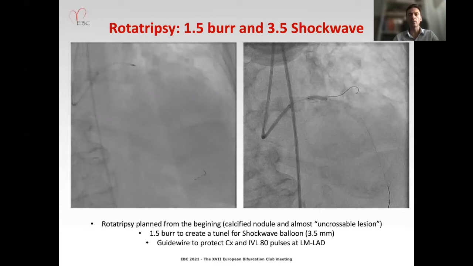So after rotational atherectomy, we used a 3.5 shockwave balloon, and we applied 80 pulses at distal left main and proximal LAD. Before lithotripsy, we protected the side branch, the circumflex, with another wire. That, as you know, is one of the advantages of lithotripsy against rotational or orbital atherectomy.